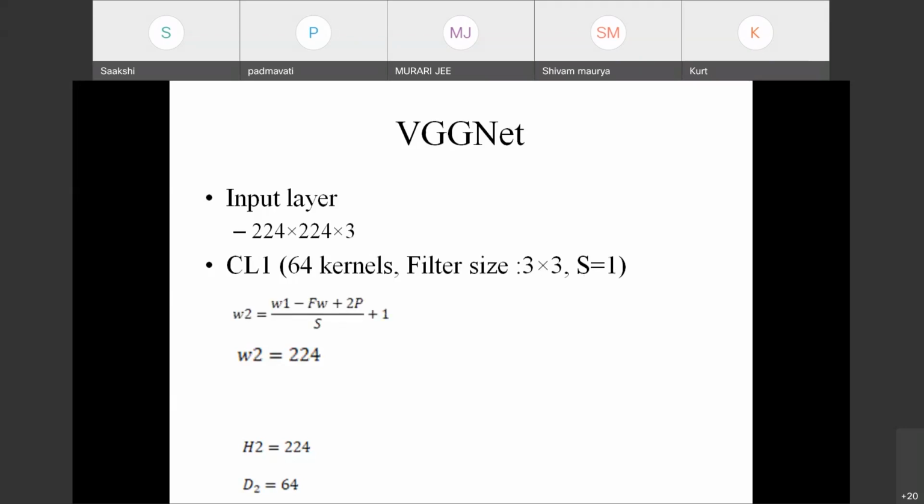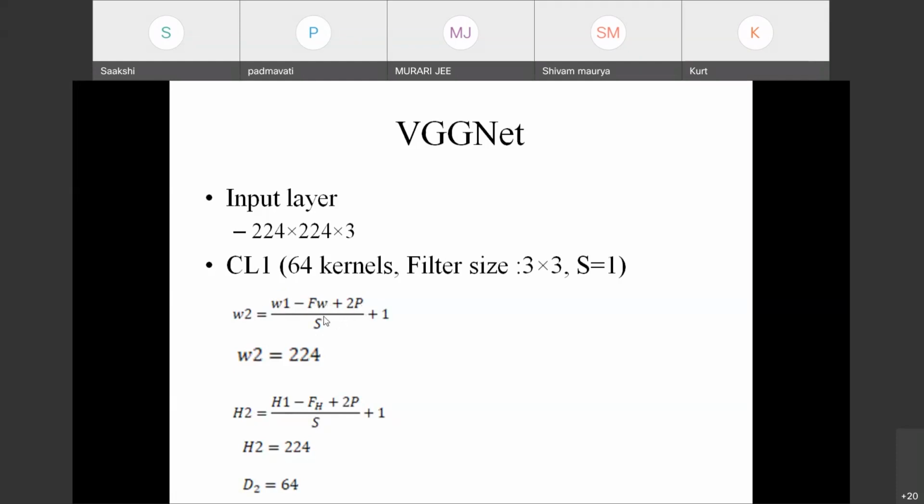When we need to compute the output volume, we use the formula that we used in yesterday's session as well. How do I compute the width and height of the output volume? Width is computed using this particular formula, height is computed using this particular formula, right? In the case of W1, I place 224, the width of my filter is 3, and padding I have taken as 1.